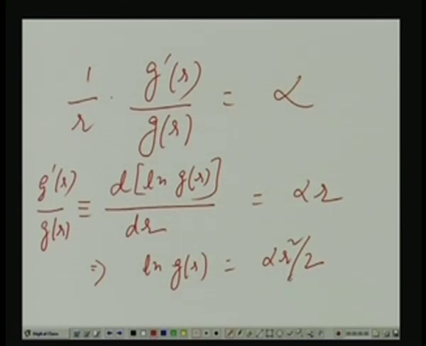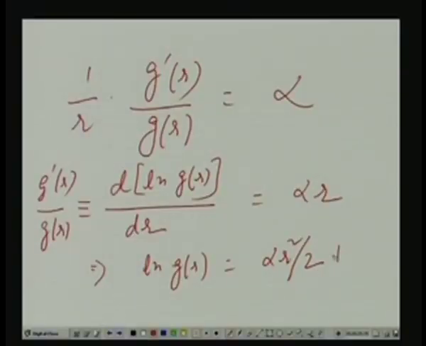In fact, I should have put the integral limits here: alpha r square by 2 plus some constant c.